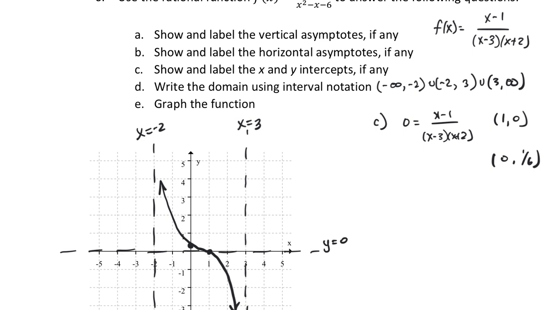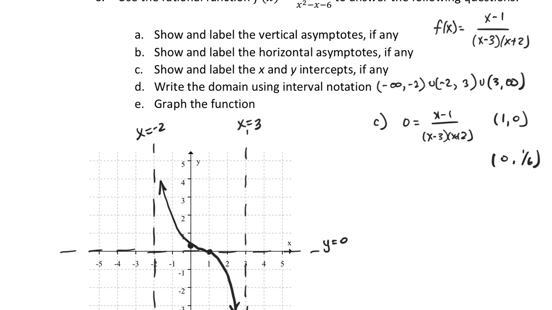So the discussion we had in section 3.2 and in 3.1 was the behavior of the ends here on opposite sides of a vertical asymptote. If the vertical asymptote comes from a factor that has even multiplicity, meaning how many times it appears, so if it appears twice, then the ends would be going in the same direction, in this case, both up.